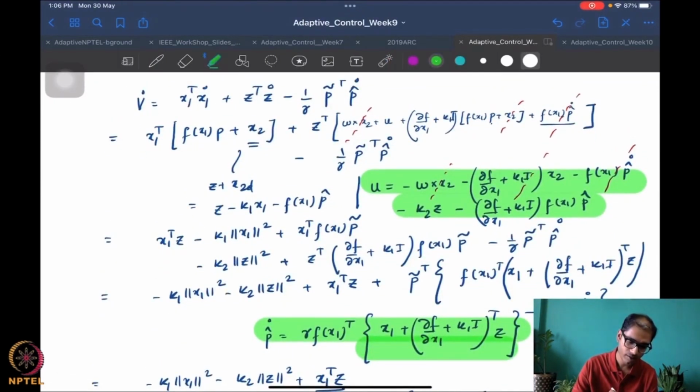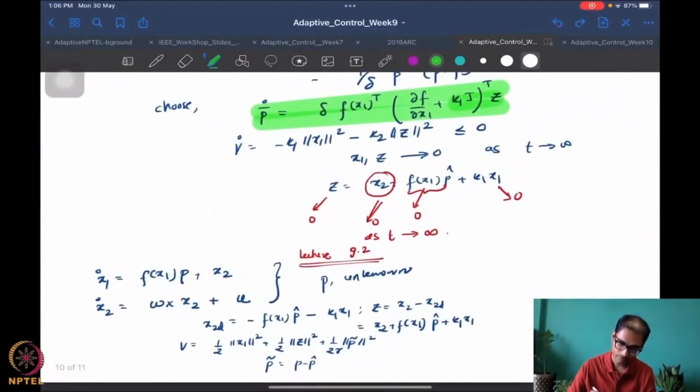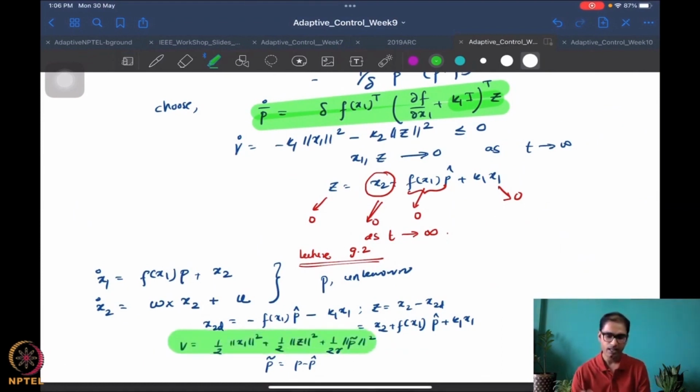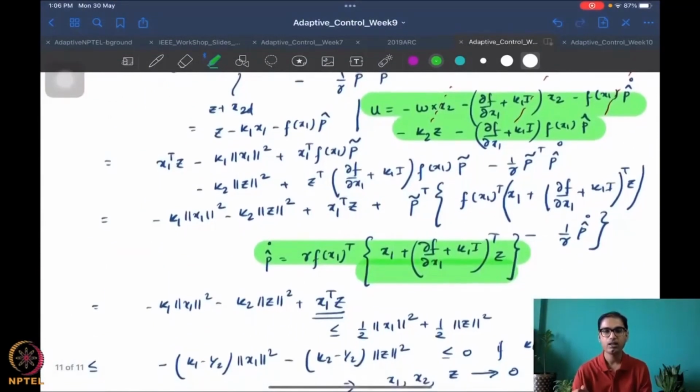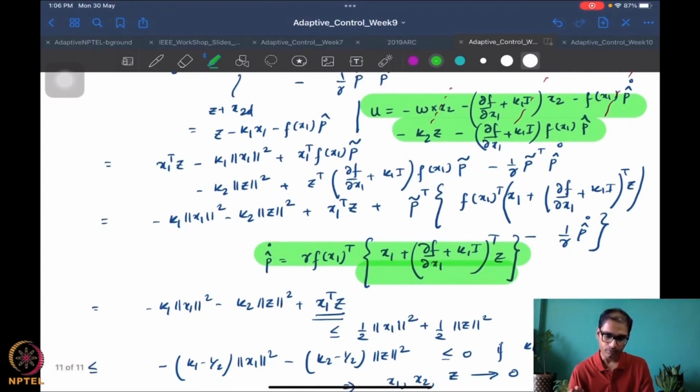Now, these are the standard similarities that I always point out, even when we did the general extended matching. If you notice the p hat dot, you see two terms. The first term is gamma f transpose x1, which is the same as here for the p hat dot.